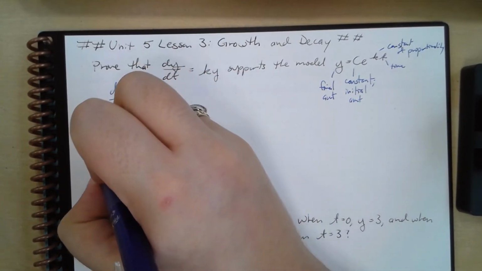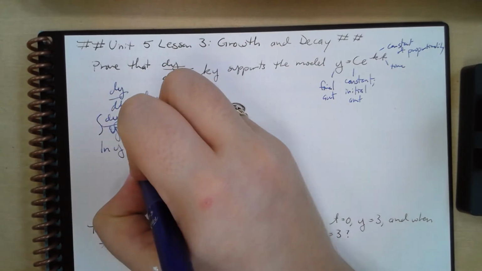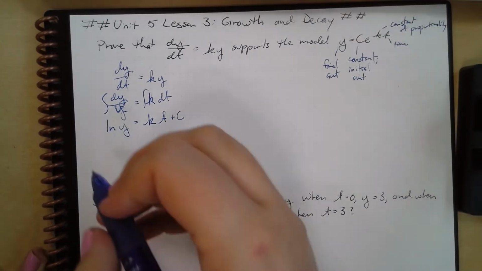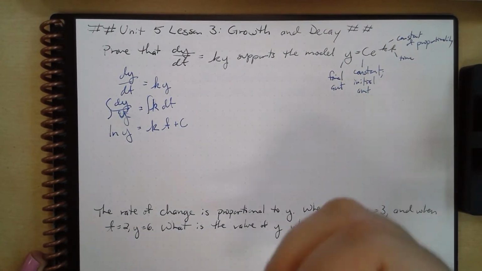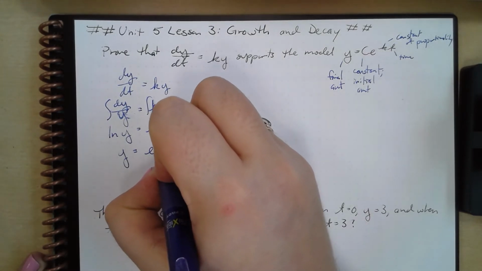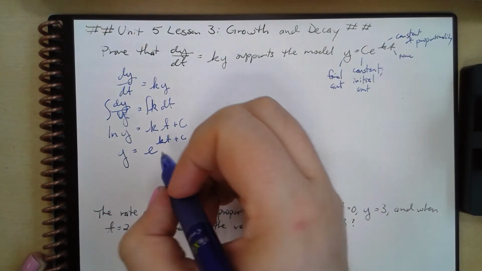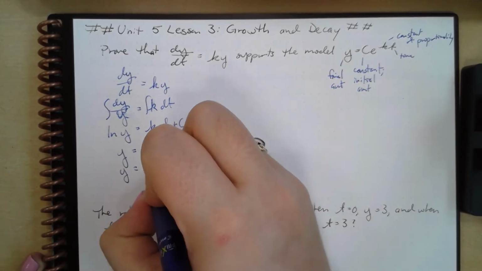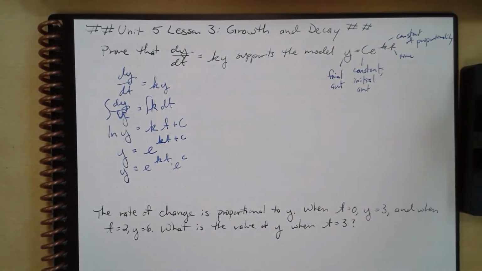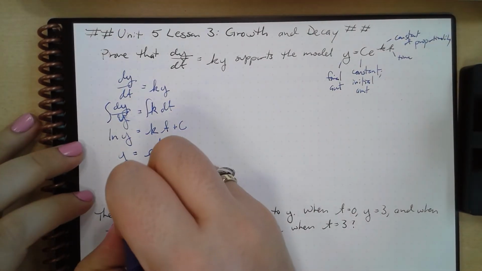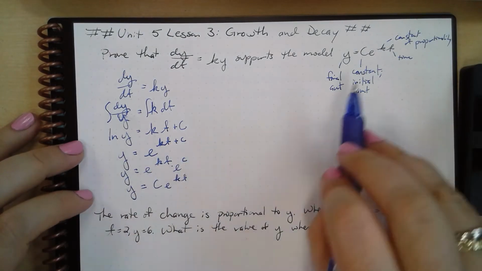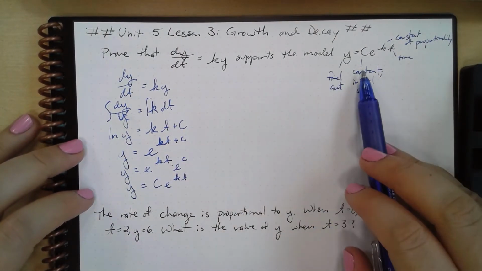And if I integrate both sides, I get the natural log of y is equal to kt plus c, right? And then if I e both sides, I'm going to get y is equal to e to the kt plus c. Now, this can be written as y equals e to the kt times e to the c. E to the c is still just a constant, so I can rewrite this finally as y equals ce to the kt. We can see that that's our model there. So this actually does support the model.